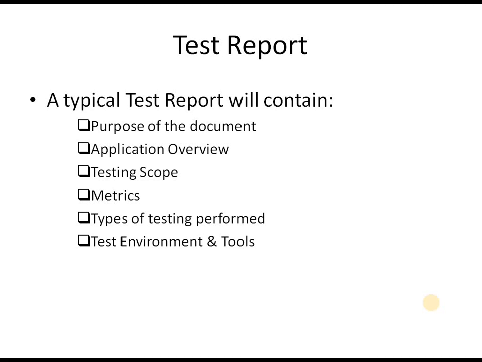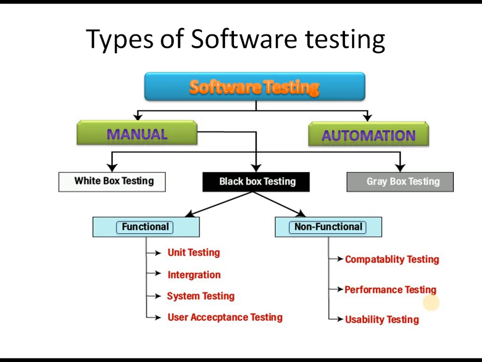Automation testing is the process of converting manual test cases into test scripts with the help of automation tools or any programming language. Manual testing is a software testing process in which test cases are executed manually without using any automated tools.